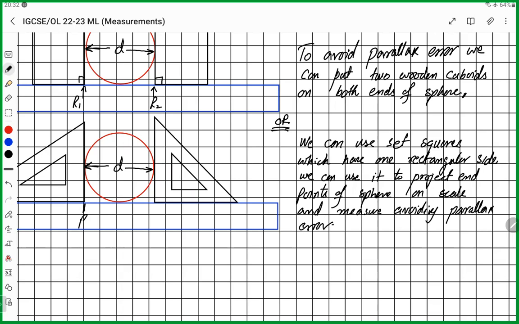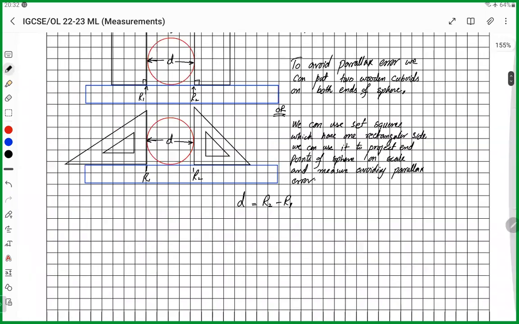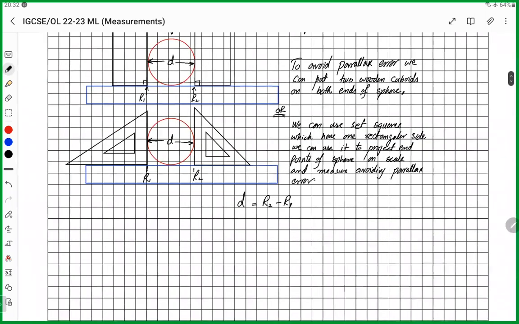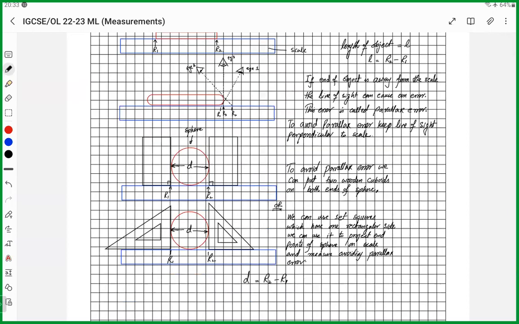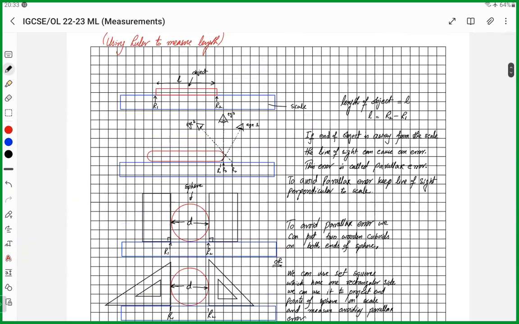So this will be reading 1, this will be reading 2, and diameter will be reading 2 minus reading 1. This is how we can avoid parallax error using an ordinary ruler.